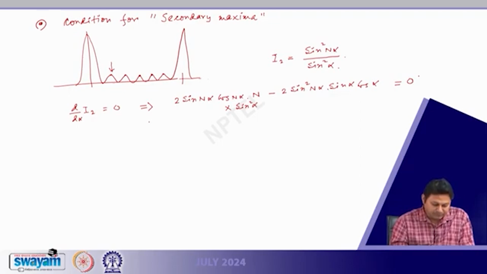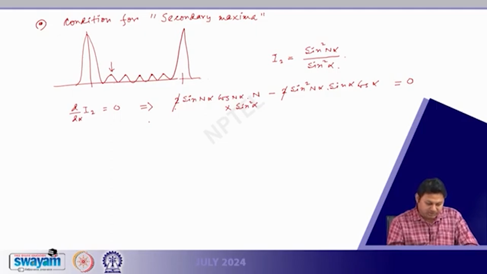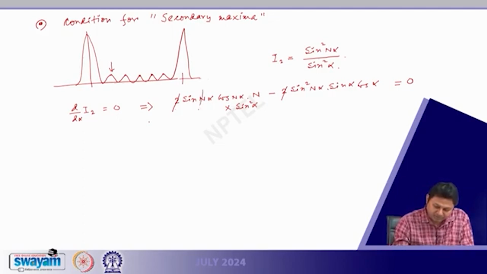That means if I take a few common factors, we have sin n alpha cos n alpha multiplied by n, with 2. The 2 will cancel out, one sin n alpha will cancel out, cos n alpha remains, and one sin alpha cancels out.